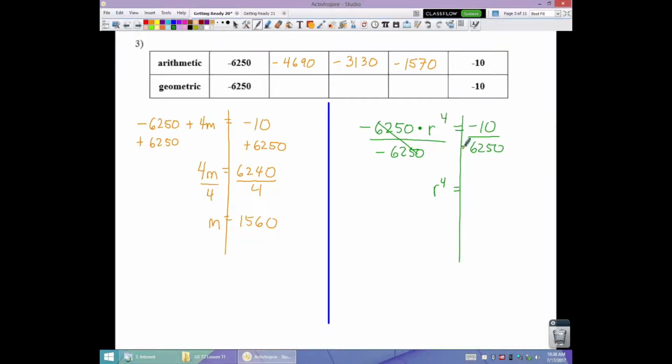Well, the negatives cancel, so we are left with a positive answer. If I think of this rather than a division problem as just reducing, I can divide both of those by 10, and it's positive 1 over 625.